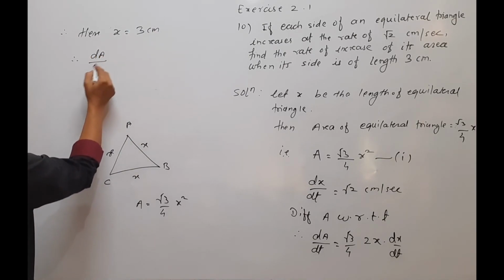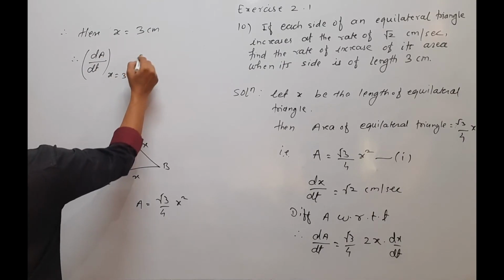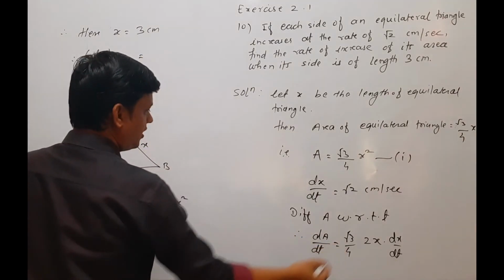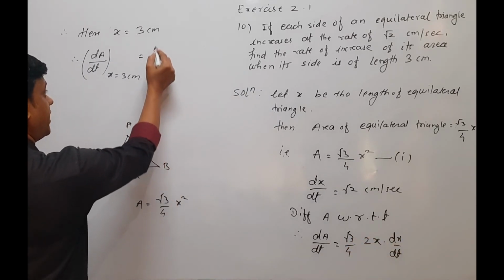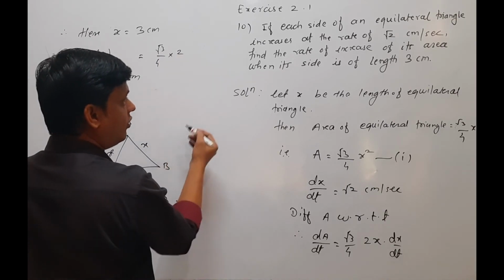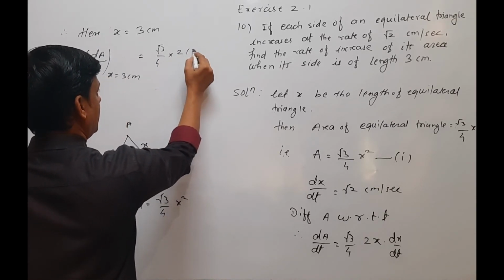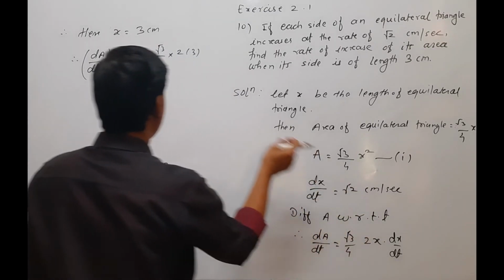Therefore dA by dt at x is equals to 3 centimeter is equals to, so we calculate this. First we substitute the value of x. So right here root 3 by 4 into 2 into x. Value of x is 3. Value of dx by dt is given, which is root 2.